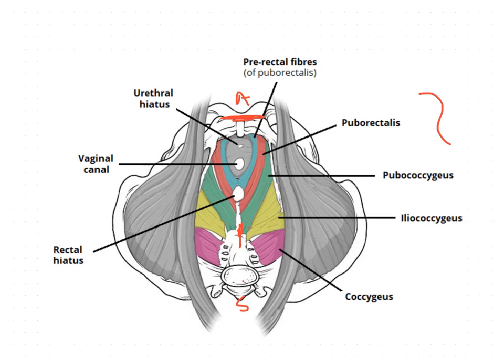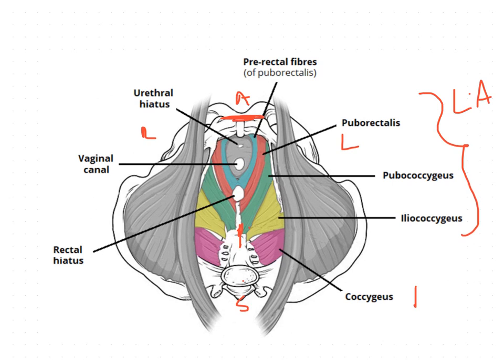Anteriorly you find the levator ani muscles, and posteriorly you find the coccygeus muscle. All these muscles on both the right and left sides together form the floor of the pelvis, or the pelvic diaphragm.